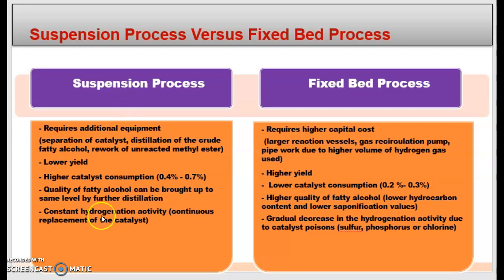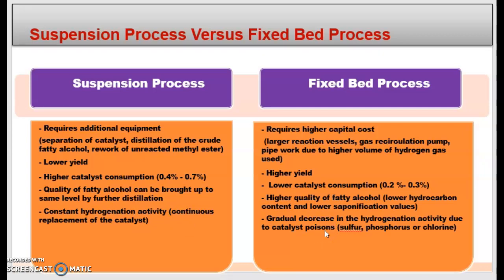And for the suspension process, there is constant hydrogenation activity because, as you remember, there will be continuous replacement of the catalyst to make sure that the process can continue.